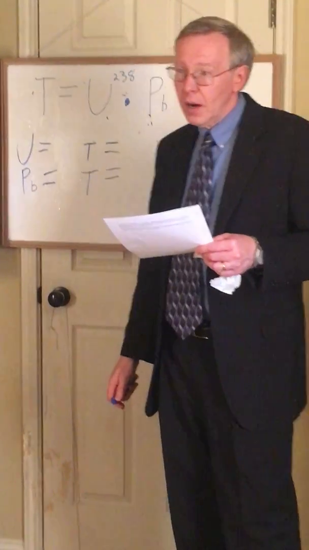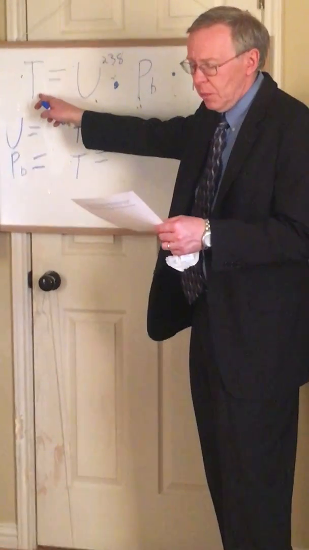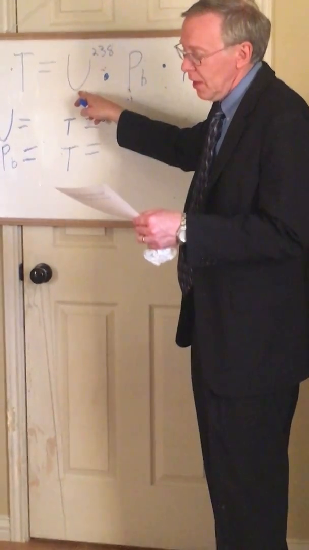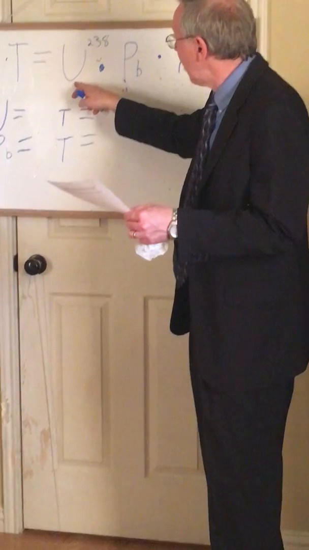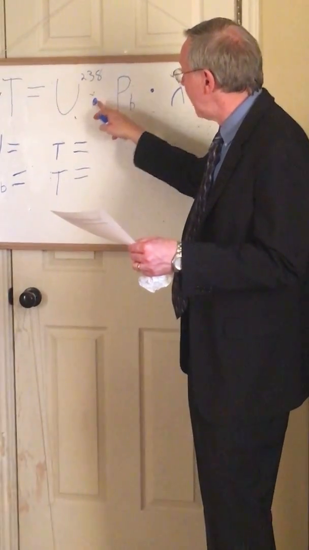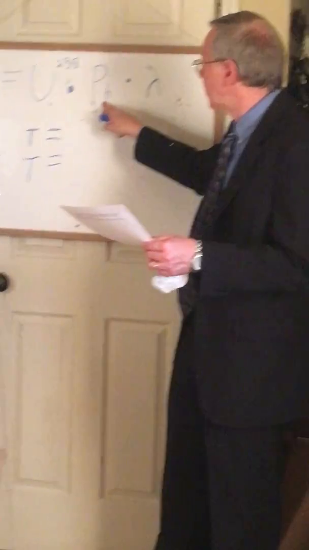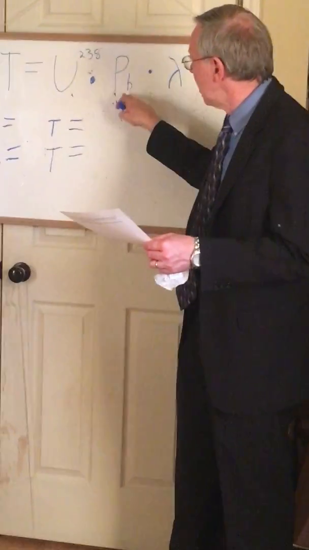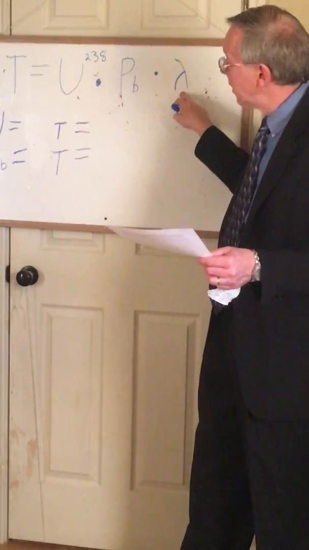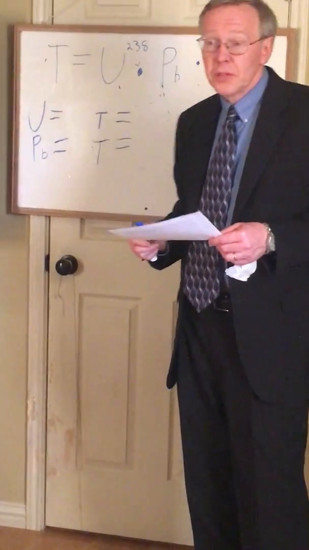The age of a rock or meteorite is represented by the equation T, which represents the age of the rock in years, is equal to the amount of uranium-238 left in the rock times the amount of lead that's left in the rock, in grams of course, for both of these, times our constant, which in the case of uranium is 10. So let's read the first problem.